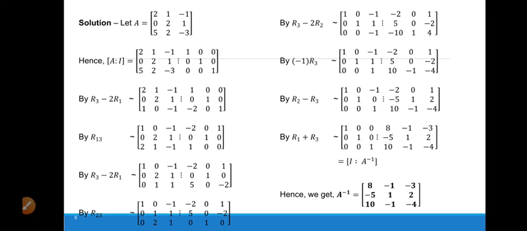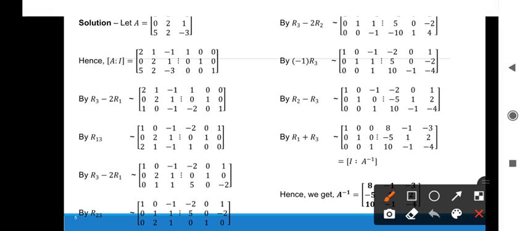So if you are very perfect at the applications of elementary row transformations, then you can easily find the inverse of the given matrix using this Gauss-Jordan method. So here in this method, what is the new concept?